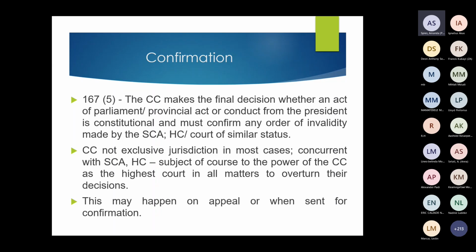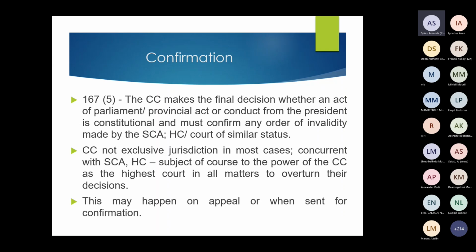So if the High Court or the Supreme Court of Appeal declares a piece of legislation invalid and unconstitutional, that needs to go to the Constitutional Court for confirmation. And then obviously the Constitutional Court can come to a different finding in relation to the relevant matter. So anything that's declared unconstitutional goes to the Constitutional Court for confirmation.